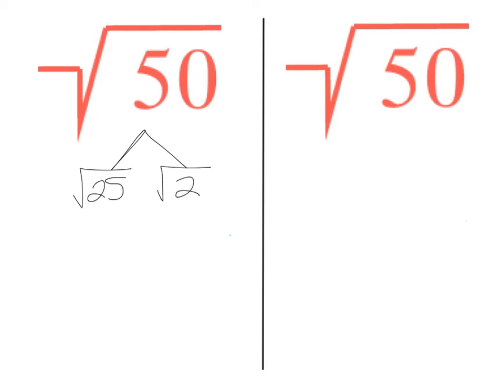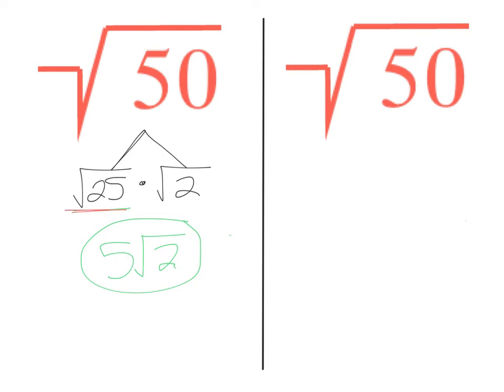So the square root of 25 times the square root of 2 is another way of writing radical 50. Now 25 is a perfect square. The square root of 25 is 5. The square root of 2 is not a perfect square, and 2 cannot be broken down any more than it already is. So 5 radical 2 is the simplified version of radical 50.